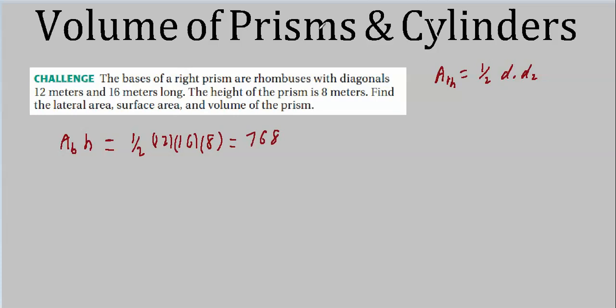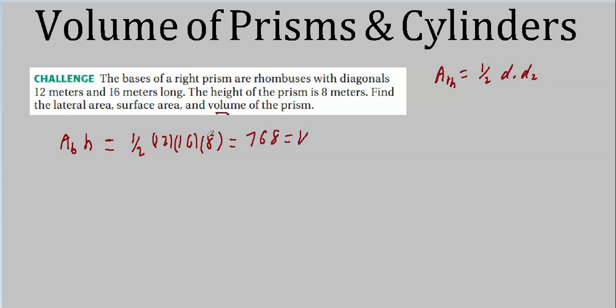And of course I'm doing this problem backwards. Since this section is on volumes, I thought we'd do the volume first. Make sure we got a good handle on that. So we get 1/2 times 12 times 16 for the area of the base times the height. That's 768. That's the volume. It's this one here. And we'll go backwards and do the others.